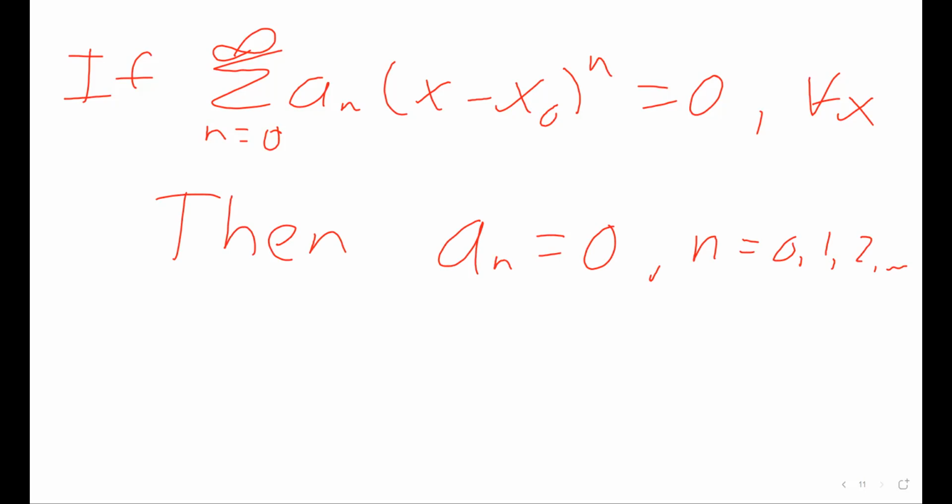Now, it might happen the summation equals 0 for a specific x, but if it happens for all the x's, we know that our a sub 0 has to equal 0, especially whenever x is not equal to x naught.